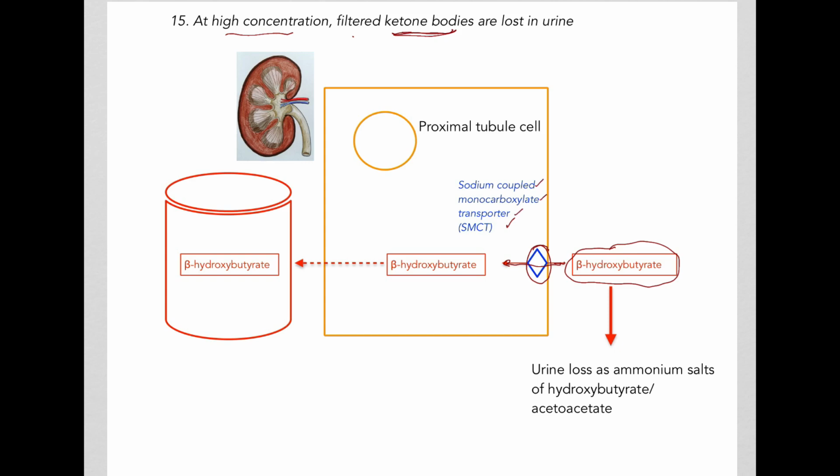So at the beginning, we do see quite a bit of ketone bodies being lost into the urine. Remember the urine has ammonium salts coming from the kidneys, and now we have hydroxybutyrate or acetoacetate. So ammonium hydroxybutyrate or ammonium acetoacetate would be excreted out at the beginning of starvation.